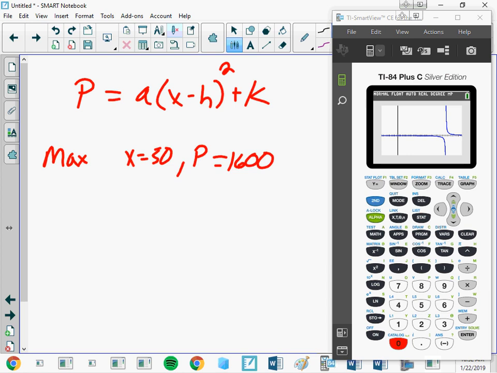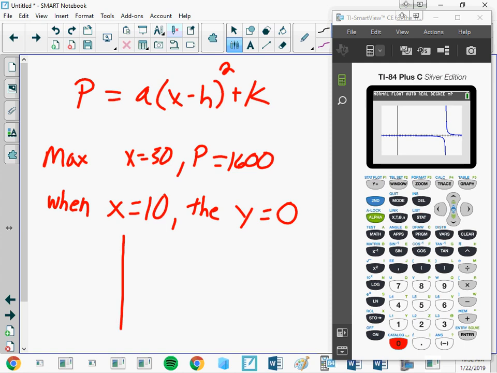We also know that when x equals 10, then y equals 0. So what we have is a graph that hits here at 10, 0, and then over here at 50, it has a maximum.